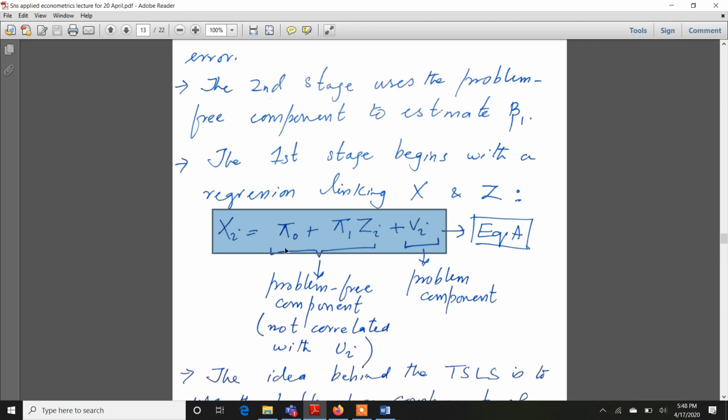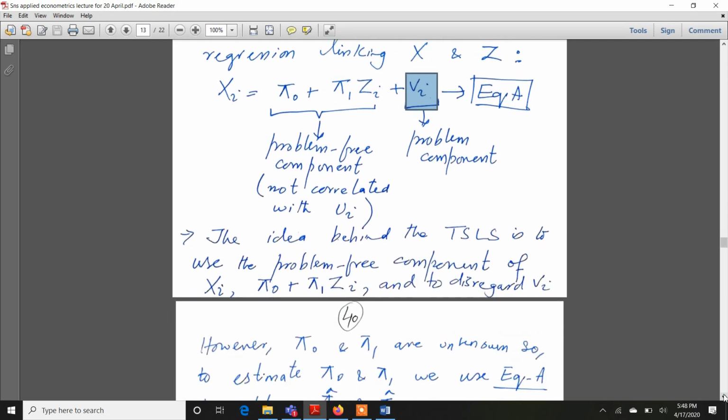So this first part, you see, it has nothing to do with ui. So let's say this is the problem-free component. And this vi, this is the problem component, right? Okay. So the idea behind the two-stage least squares or TSLS is to use the problem-free component, that is pi naught plus pi 1 zi, and to disregard vi.